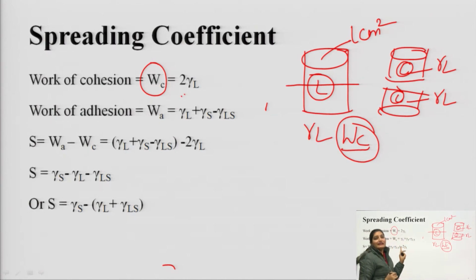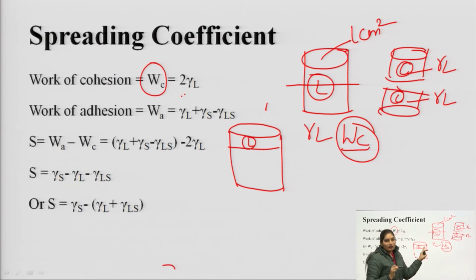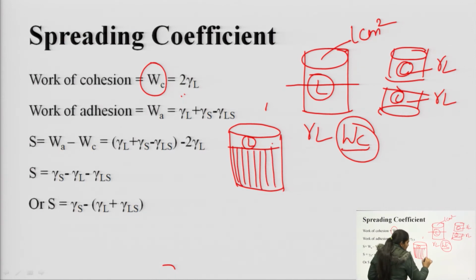Next, we are considering work of adhesion. So, what is work of adhesion? It is the energy required to bring about the adhesion between unlike molecules. Okay. There is another cylinder. In this, we are considering the film of oleic acid, and this is a water molecule.